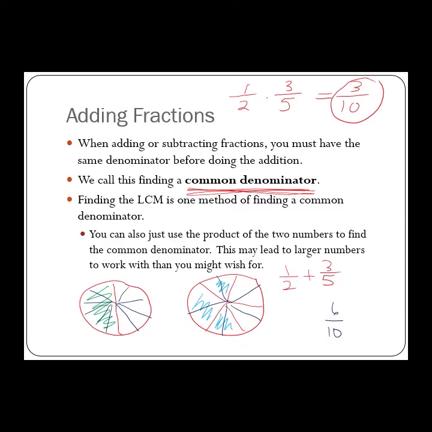And so now this has 10 pieces, and 5 of them are colored in, and so we have 11 of those 10th size pieces. And so that's why we need that common denominator.